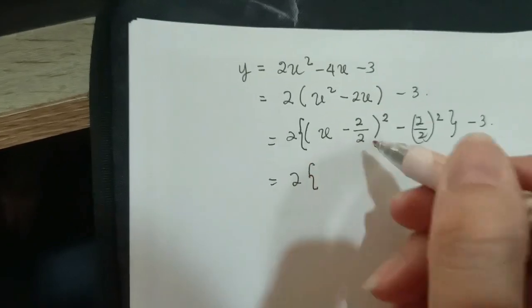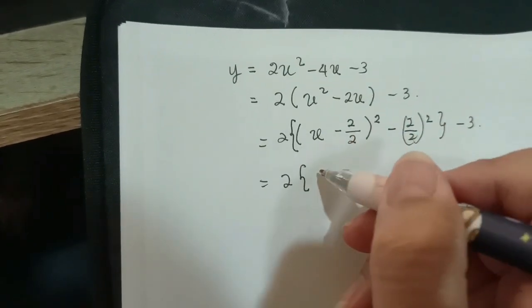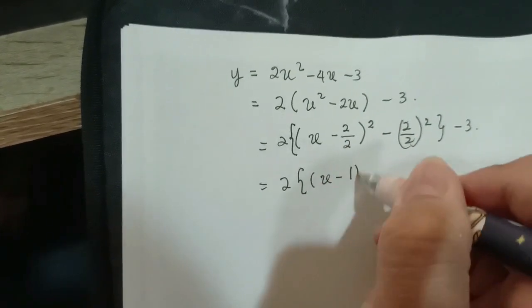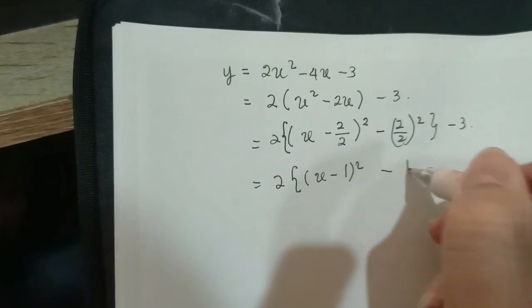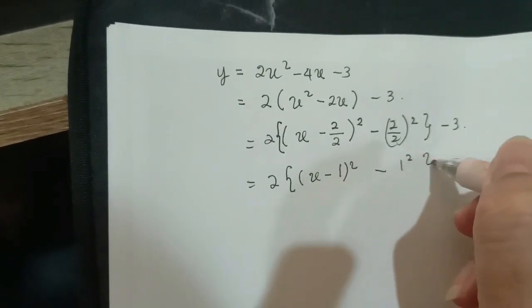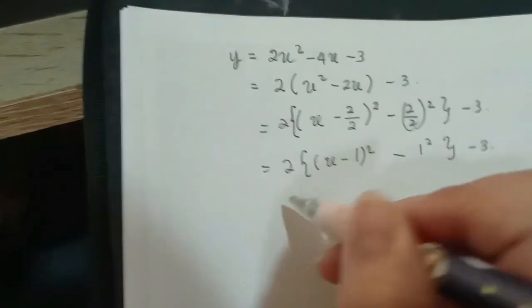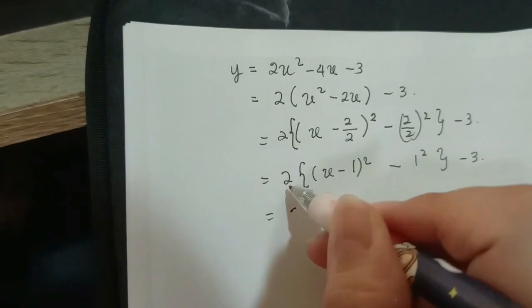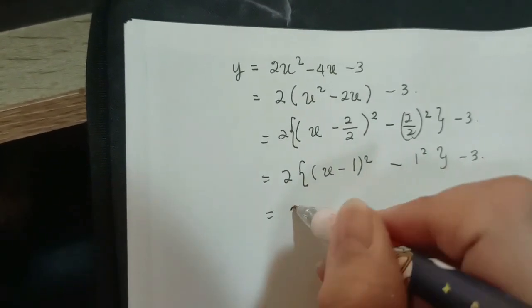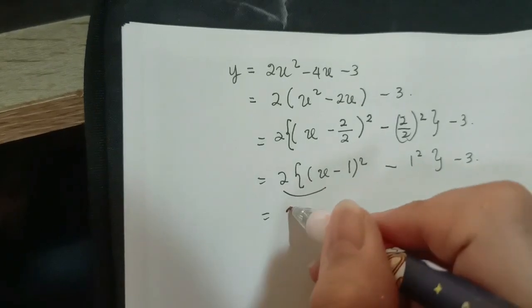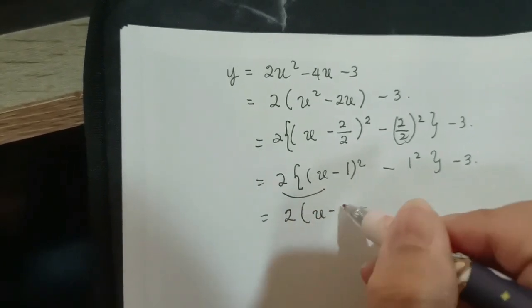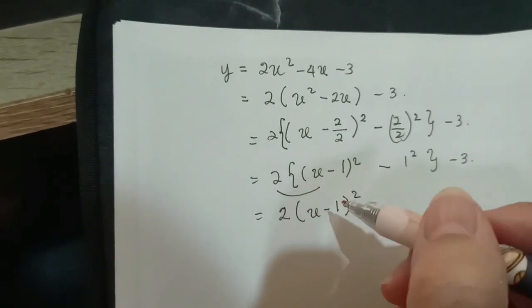Now we are going to simplify this one first. 2(x - 1)² - 3. We are going to remove this bracket. It will be 2 multiply (x - 1)² like this.